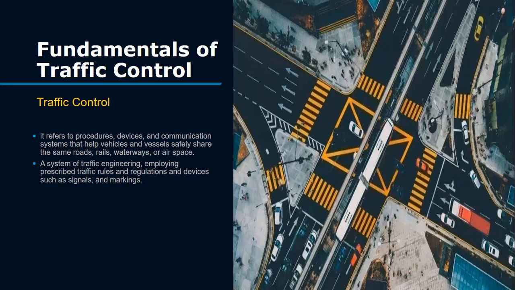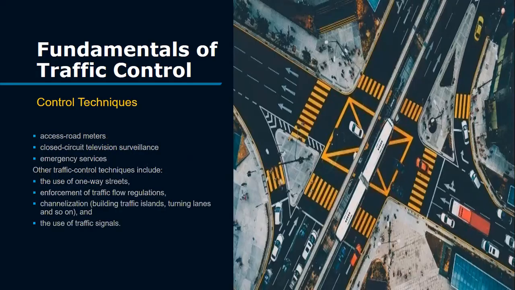The means of promoting this can vary from simple improvement of local streets by installing traffic signs and road markings to constructing comprehensive motorway control systems. So what are these systems? In the fundamentals of traffic control, these are the control techniques that include these systems.